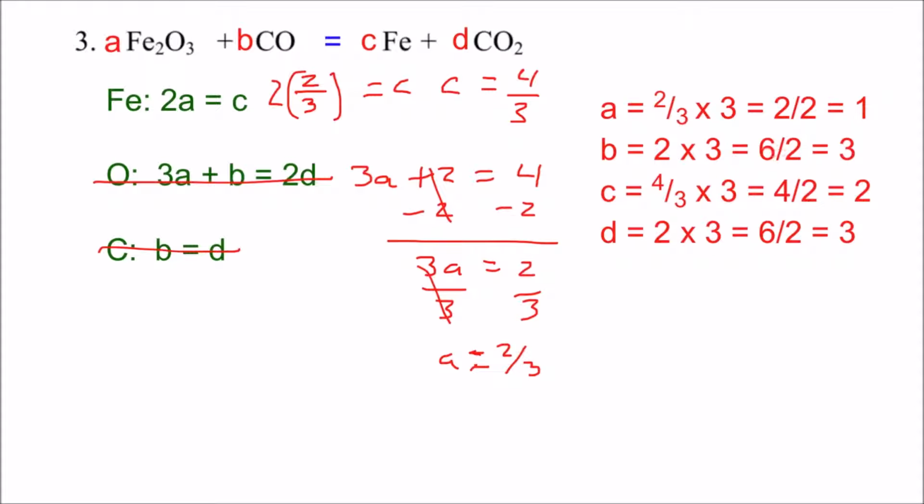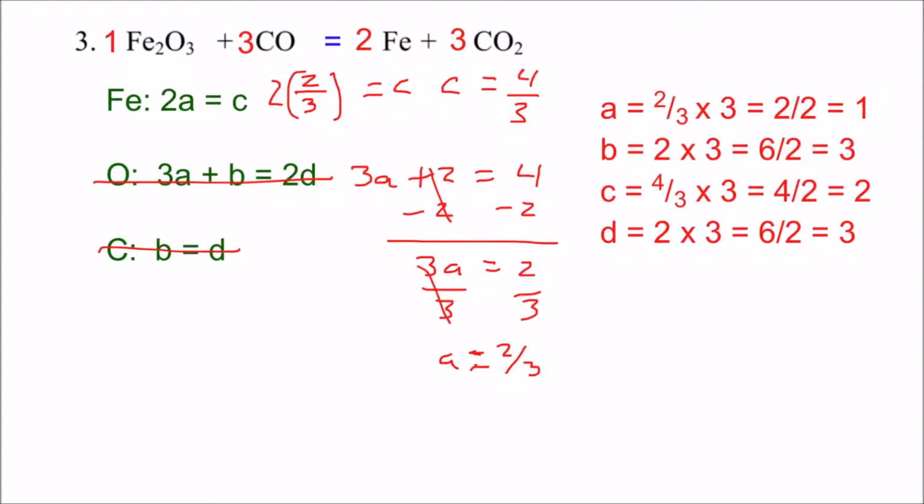This is equal to 6. A 4 gets left behind here, and this is equal to 6. That means that we had 2, 6, 4, 6. All of those numbers are divisible by 2, so we have to divide everything by 2. That means we have 1, 3, 2, 3 as our final answer.